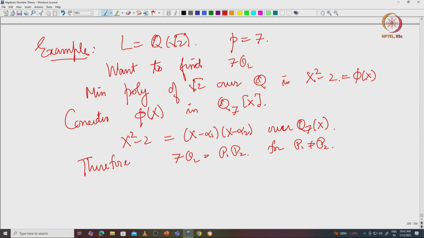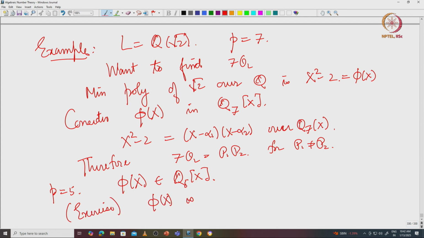Now, you take another case, let us say p is equal to 5. So, you consider phi(x) in Q_5[x], and what happens here? Well, you can show, as an easy exercise, that phi(x) is irreducible over Q_5.